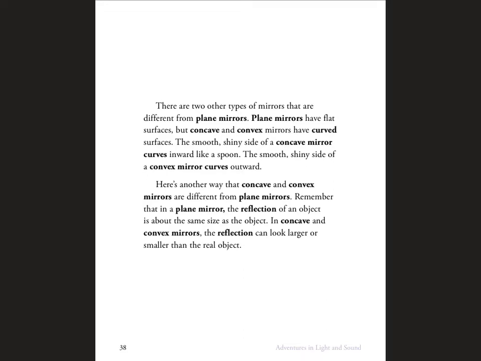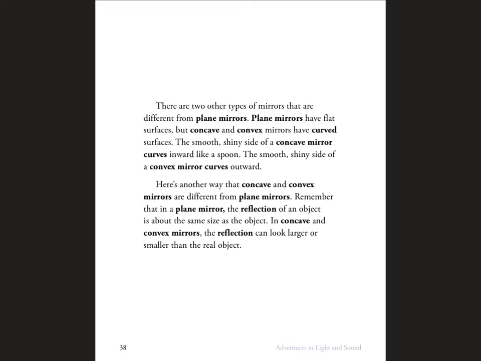Plane mirrors have flat surfaces, but concave and convex mirrors have curved surfaces. The smooth, shiny side of a concave mirror curves inward like a spoon. The smooth, shiny side of a convex mirror curves outward.